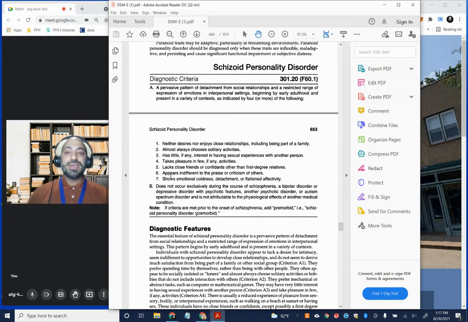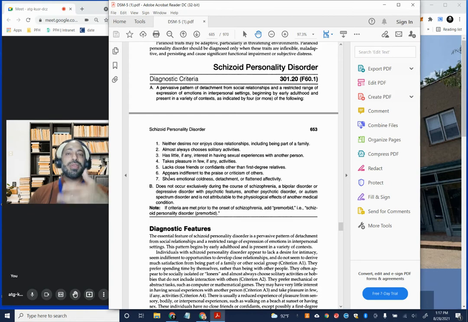Number six, appears indifferent to the praise or criticism of others. I can take it or leave it. It doesn't matter to me what you're saying. It might actually impact them. Again, like we were saying above, with a restricted range of expression, it might actually be influential or impactful, but the appearance is indifferent.